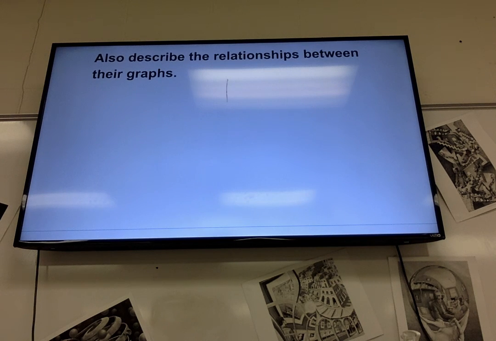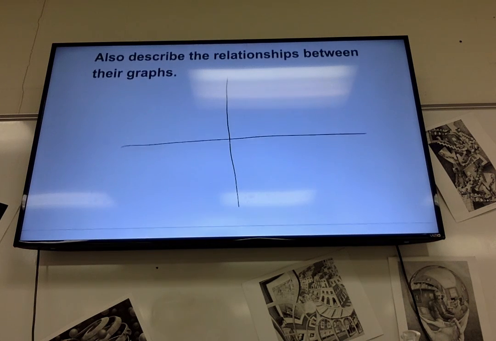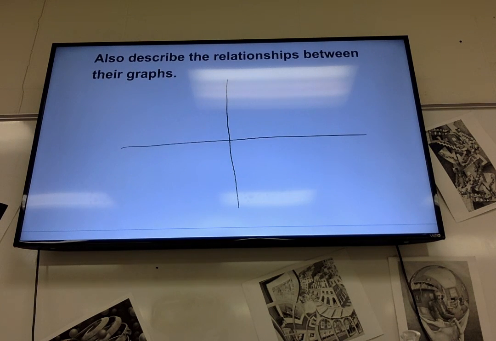Okay, so let's look at the graph. If we start with f of x equals 4 to the x, 4 to the first would be 4, right? 4 squared would be 16, so it's going to be going way high. What's 4 to the negative 1? It's 1/4.